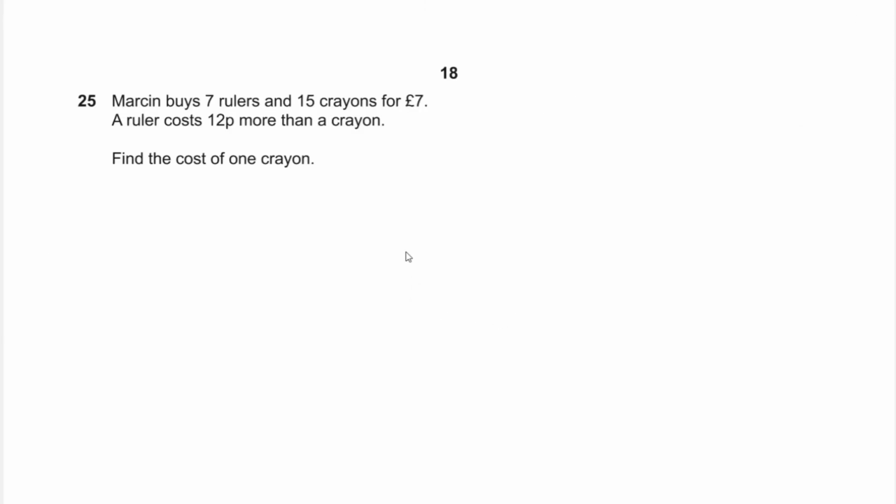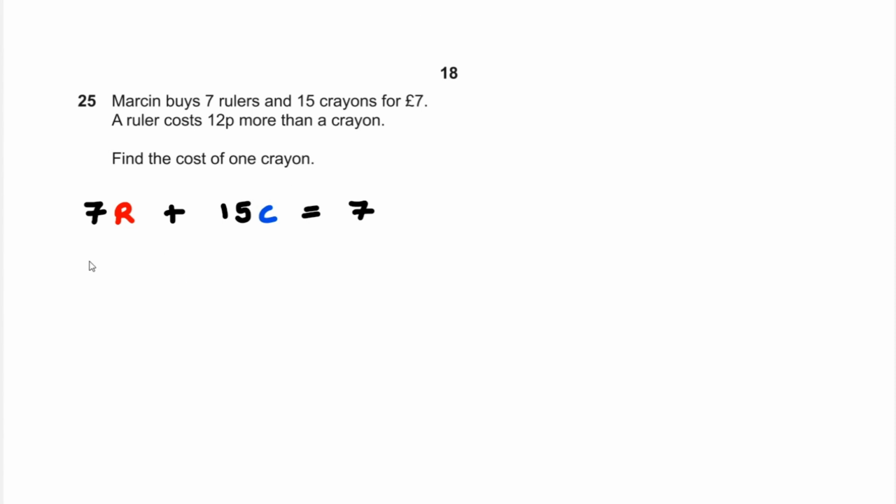Question 25. Markin buys 7 rulers and 15 crayons for £7. A ruler costs 12 pence more than a crayon. We have to find the cost of 1 crayon. So what we have is 7 rulers plus 15 crayons equals £7.